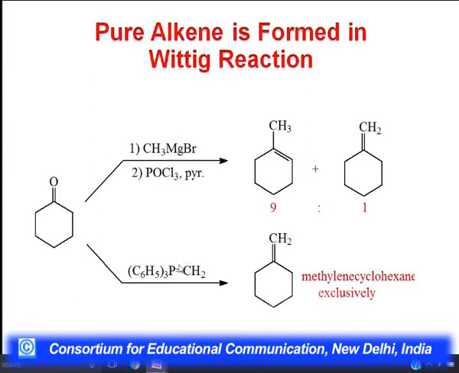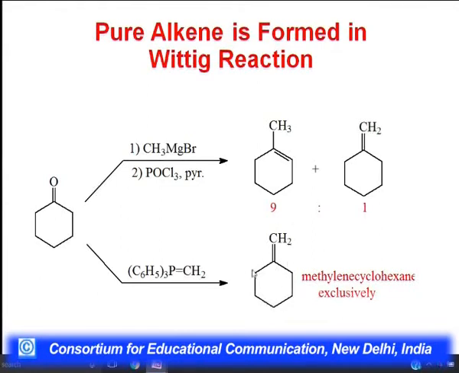Whereas when we do the reaction with a phosphorus ylide, that is, the Wittig reaction, we simply break the bond between C and O and replace it with a methylene group, that is a CH2 group attached by a double bond, and we get exclusively methylene cyclohexane.